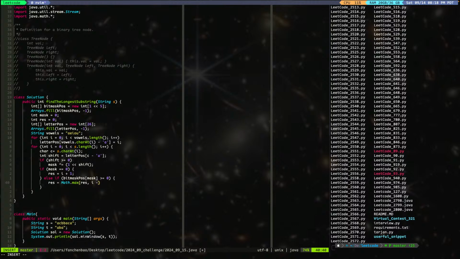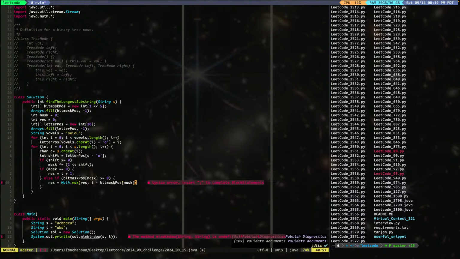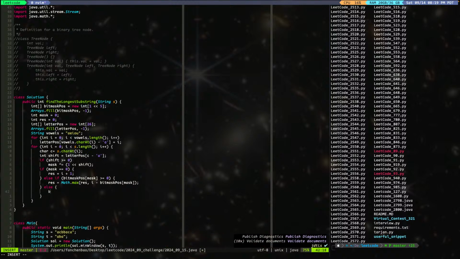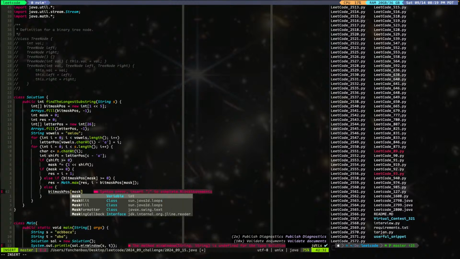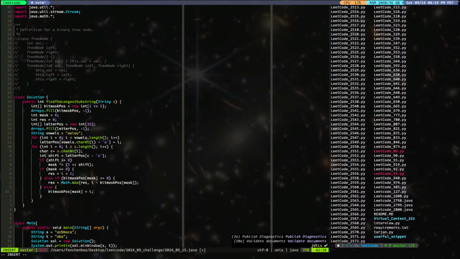Hold on. If it's 0, 1, 2, then yeah, it's just i minus bitmask position of mask. Else, which means it's the first time we encounter it, we say bitmask position of mask equals i.